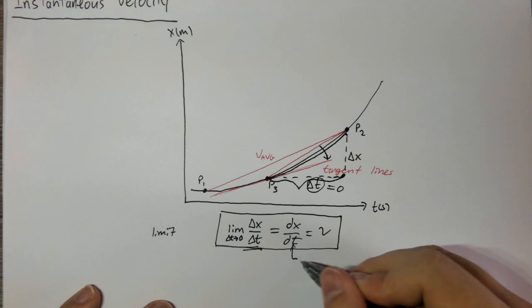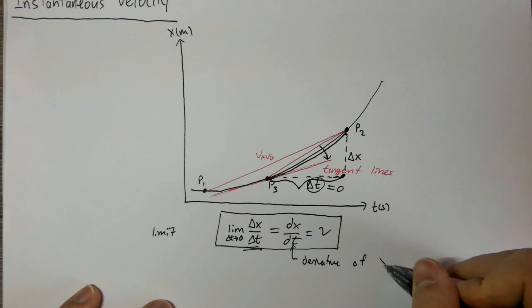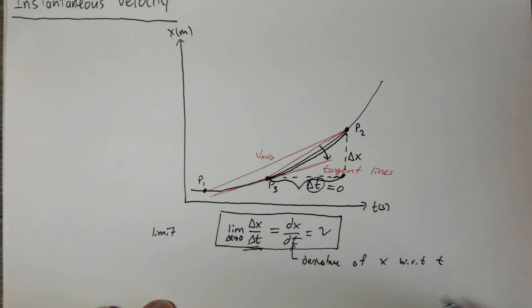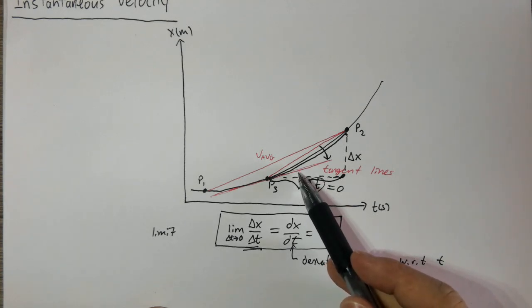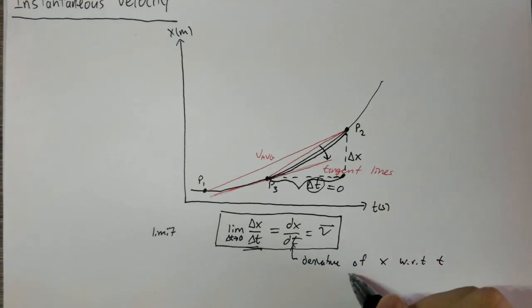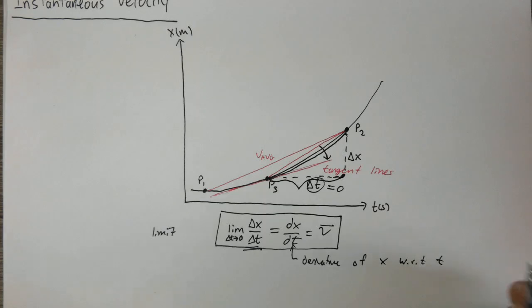In this case, this is the derivative of x with respect to time, or t. So the change in position with respect to time, or the slope of the graph. And by definition, the rate of change of position with respect to time, the derivative, is velocity. And that is the definition.